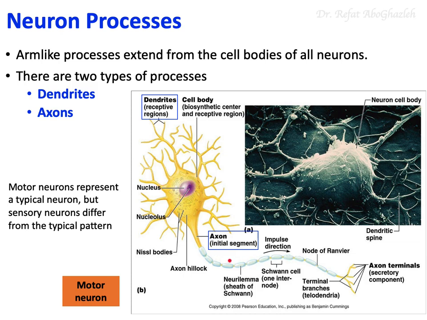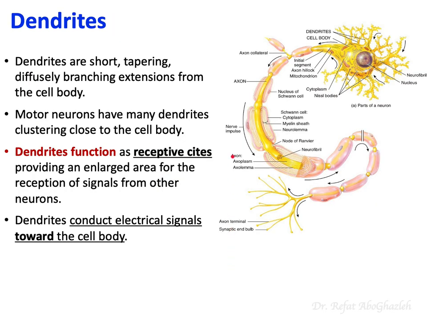Okay, so let us agree that this is the neuron, and this is the cell body. From the cell body, we explained the structures of the cell and organelles, and we mentioned that there are processes coming out from the cell body, including dendrites and axon. Now, let us start with the dendrites. These are short, tapering processes that diffuse out from the cell body, and motor neurons have many dendrites clustering around the cell body.